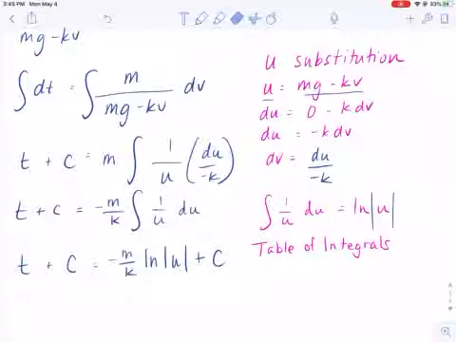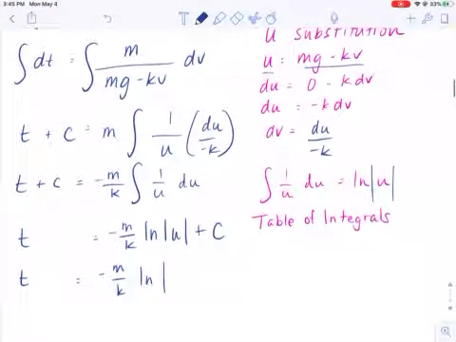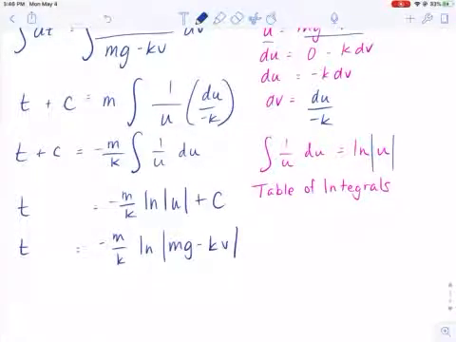And really you could combine these two constants into one and put them on the other side of the equation. And then I need to substitute u back in. So I'd have the natural log of mg minus kv, oh yeah, plus c.